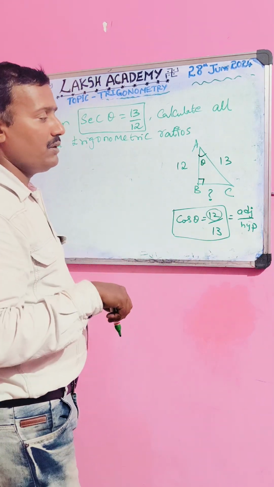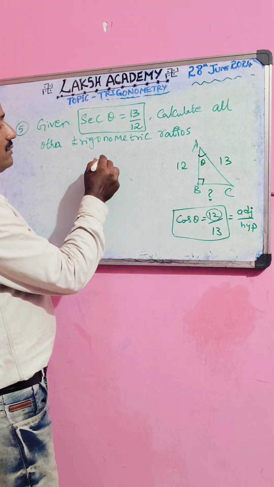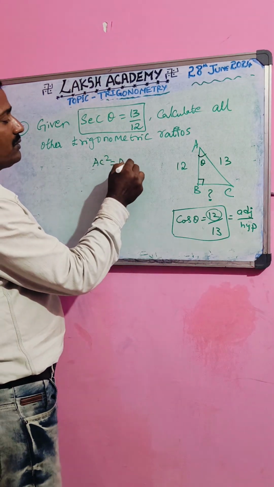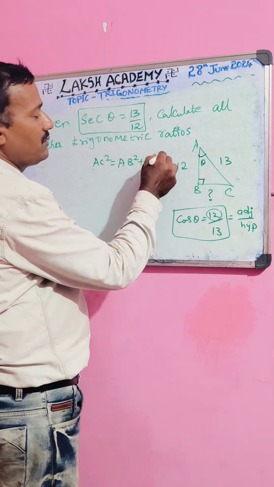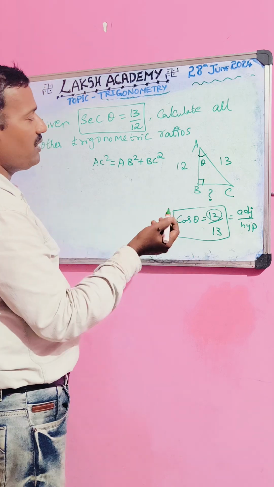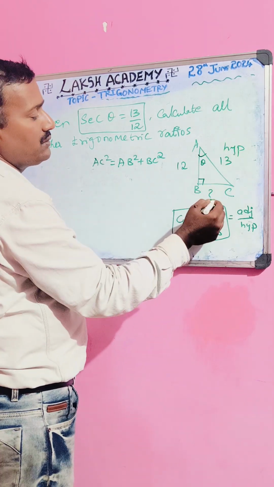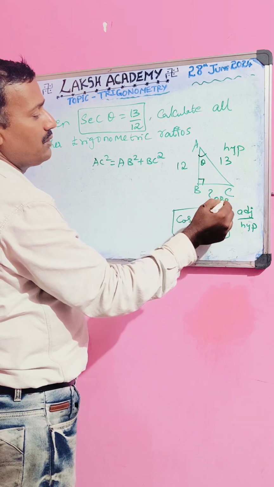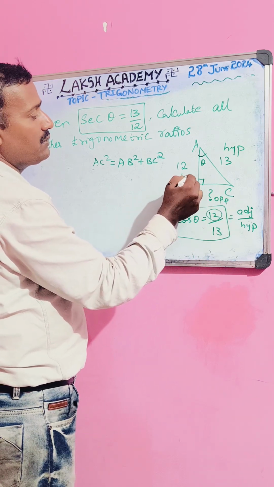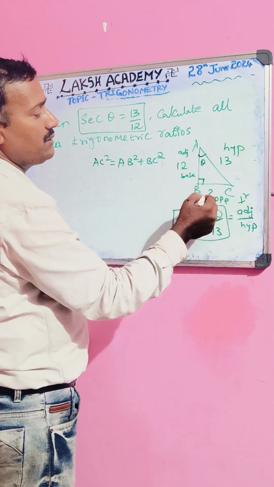To find the BC value, we need to apply the Pythagoras theorem. AC square equal to AB square plus BC square. This is the hypotenuse side, this is the base or adjacent, and opposite or perpendicular side is BC.